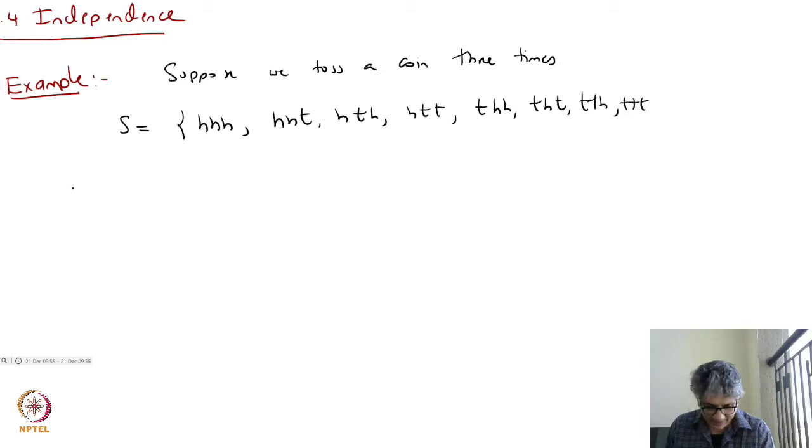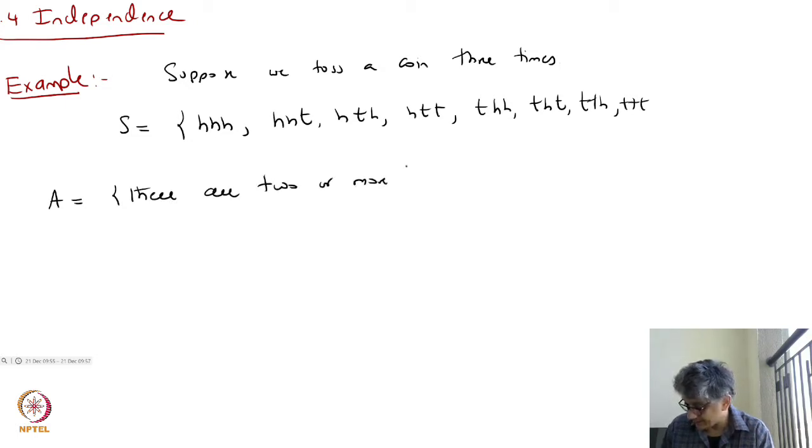And the example I did before was, let me call it event A: there are 2 or more heads in 3 tosses. And B was the event that the first toss is a head.